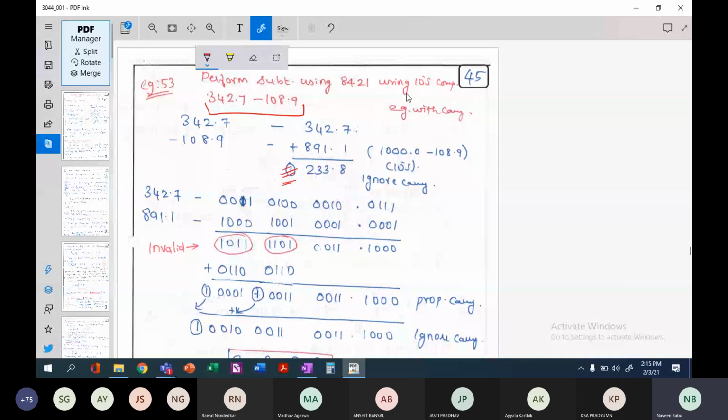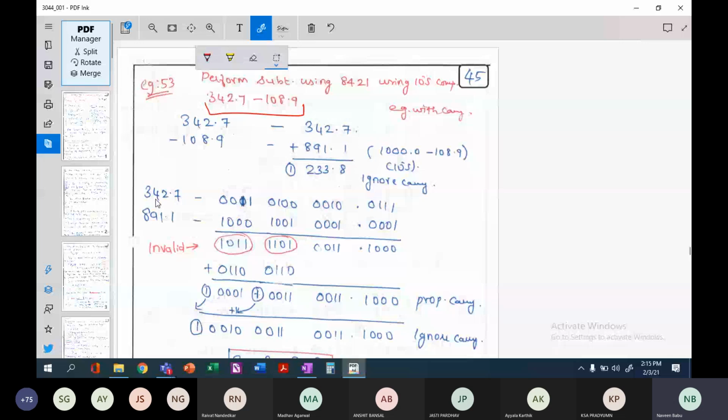Whereas in 9's complement, this carry here is called an end around carry, and this end around carry is added here. So that is the 9's complement. Whereas in 10's complement, you ignore it. So how do you remember what to ignore and what to keep? This is a very simple analogy.